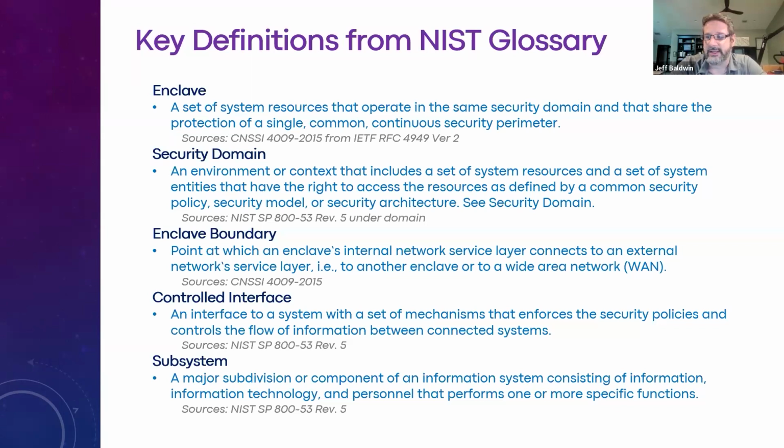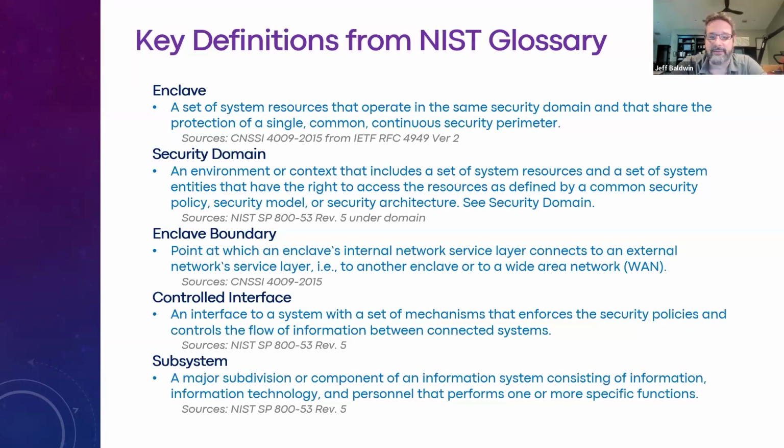Thinking back to where information resides, information has different protection requirements. If you segment the information into different security domains, you can have different security protection requirements. So you can have a lower security domain and a higher security domain.